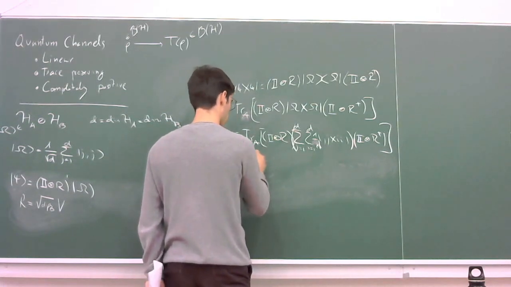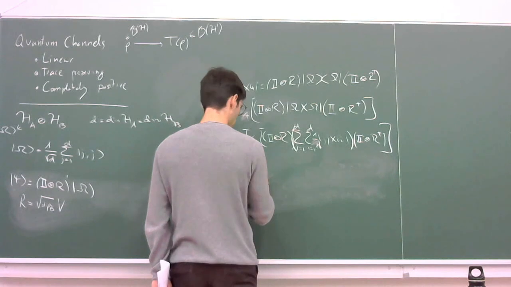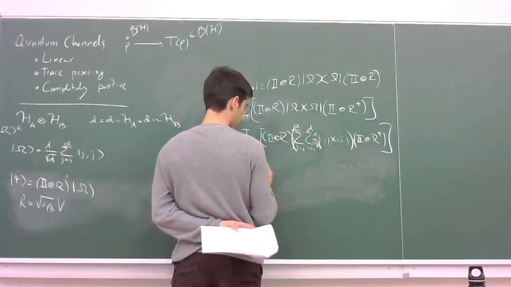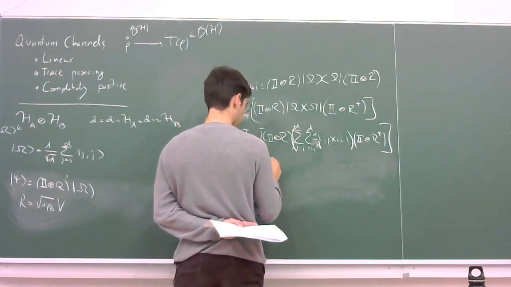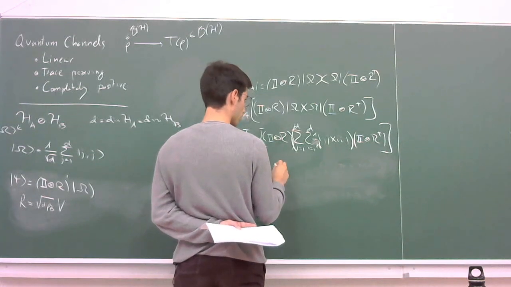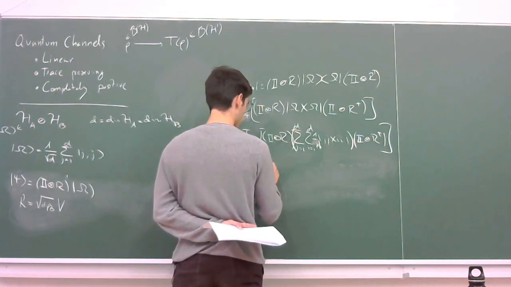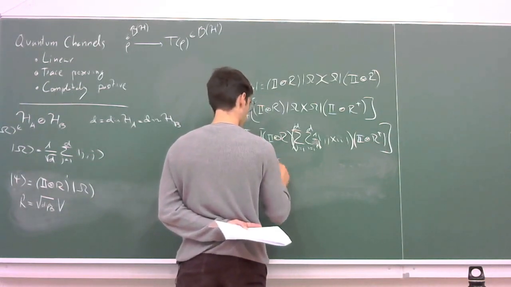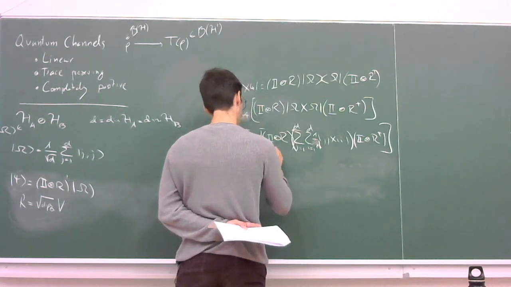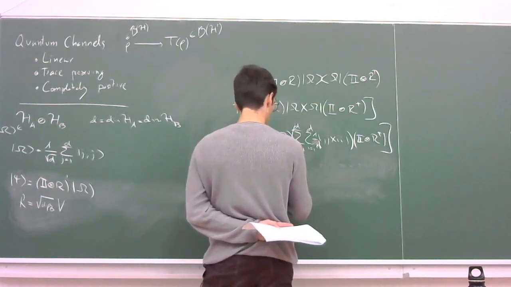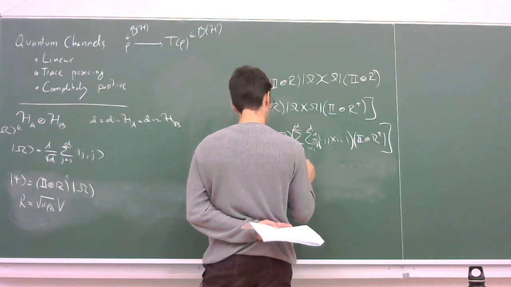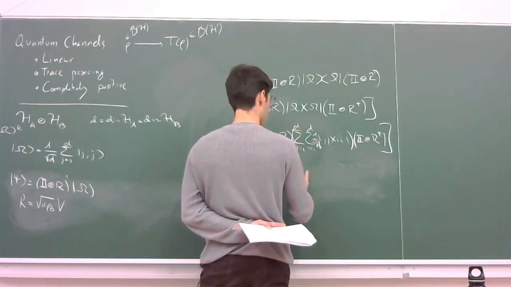So the trick about the R is that it's also trace preserving. Because every unitary R is, it only has norm 1.